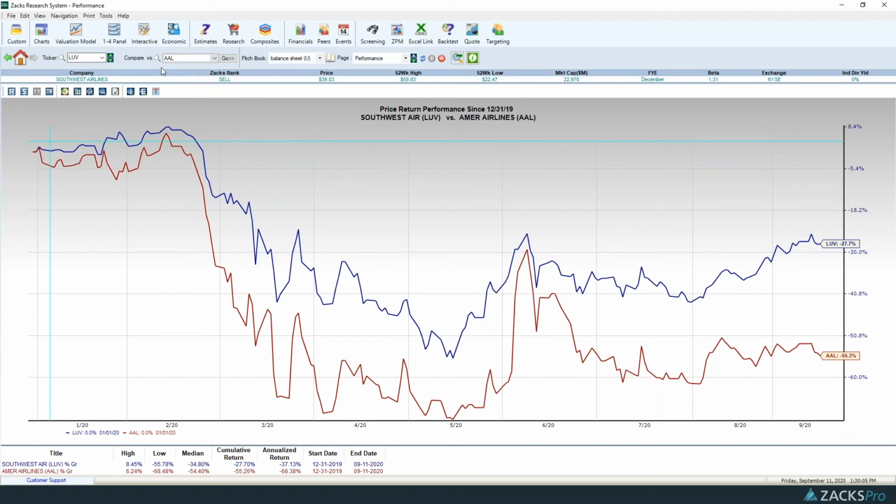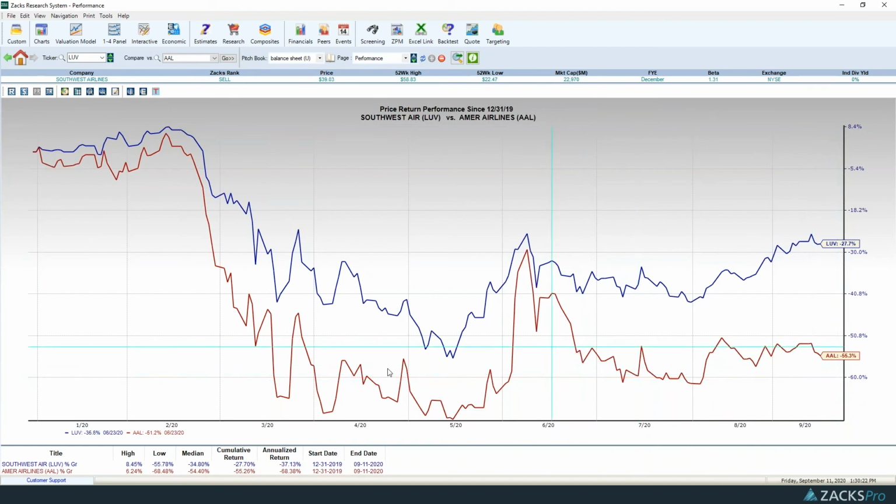Both of these airlines are facing the same set of challenges with a precipitous drop in passenger travel worldwide. But you can see that Southwest is handling it much, much better than American Airlines.